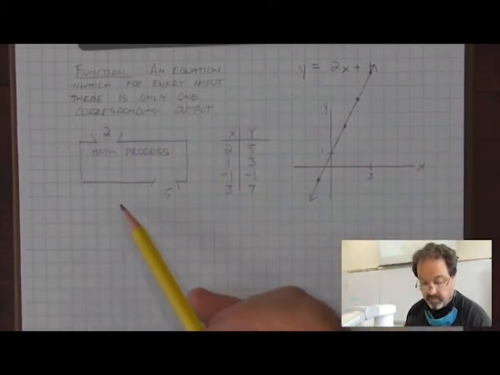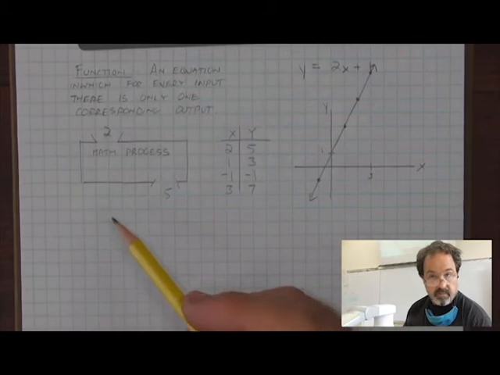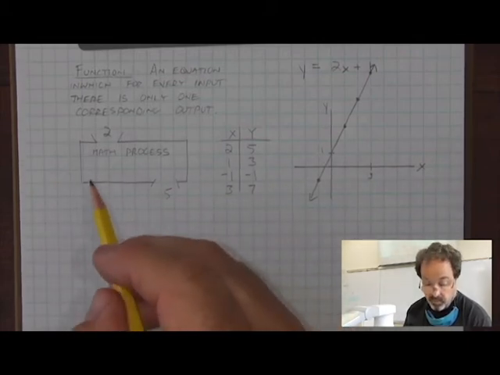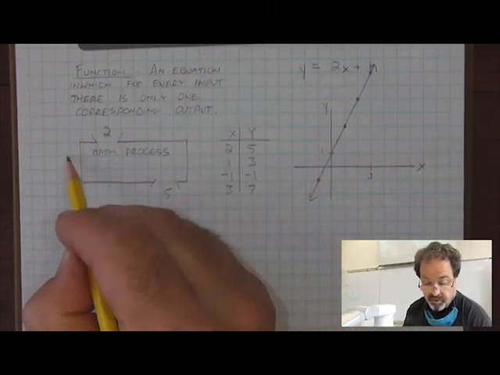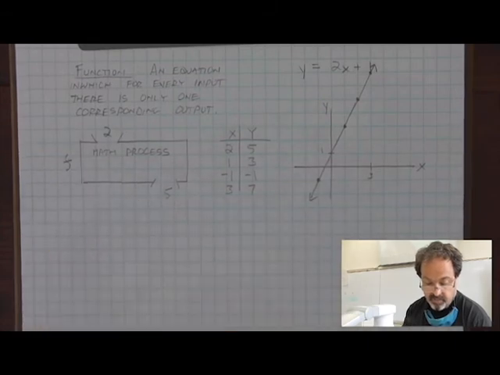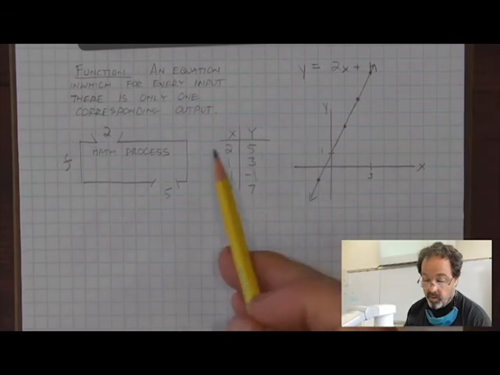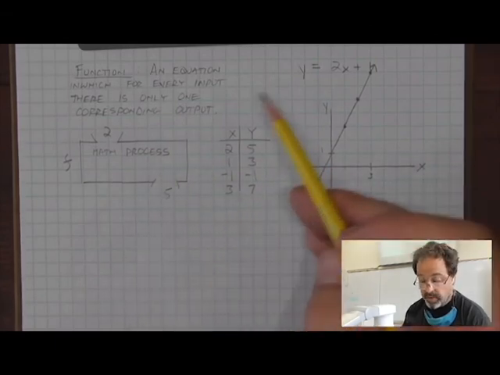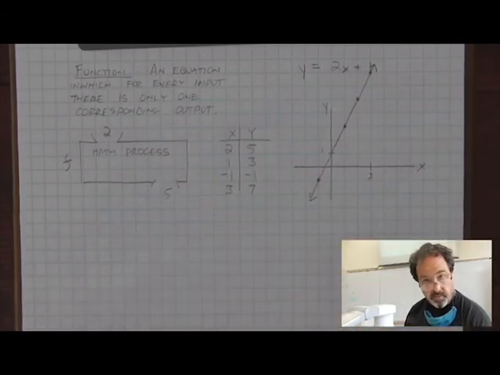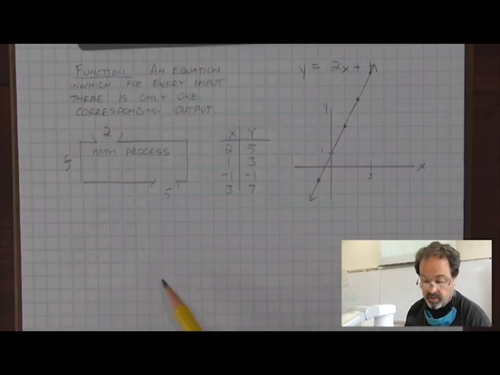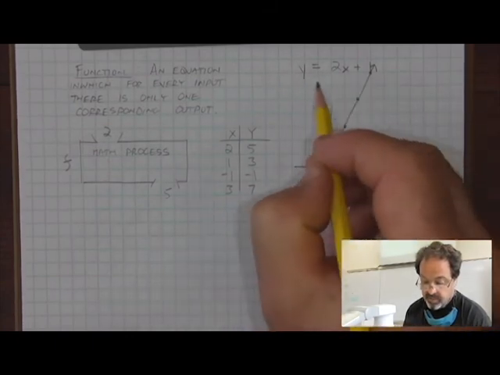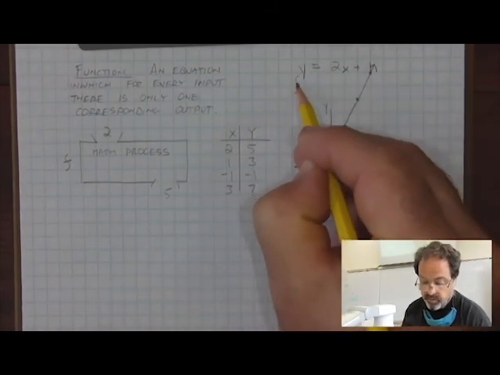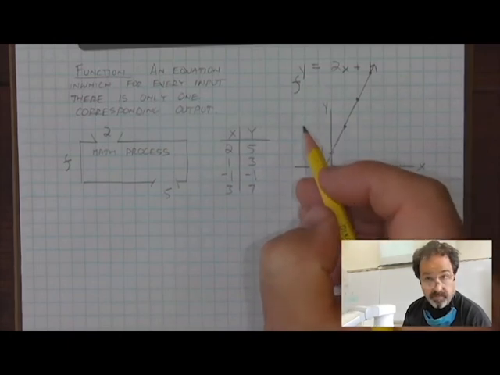Functions have names. We could call this machine the f machine or the f function. And when we choose to give functions names so that we can refer to them, if there are many functions, each one having a unique name means that we could refer to them by name. We could change this y into function notation to make use of its name.